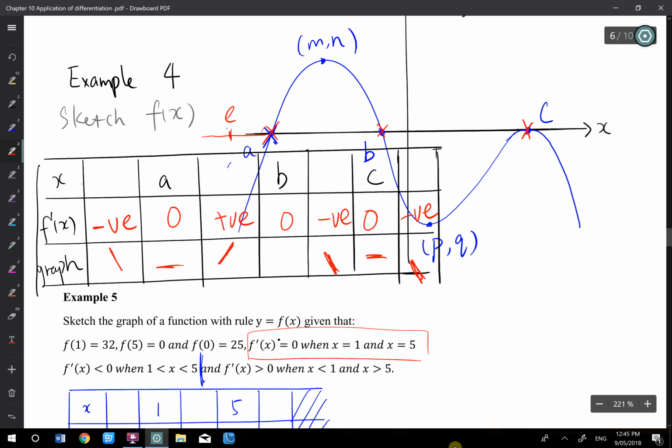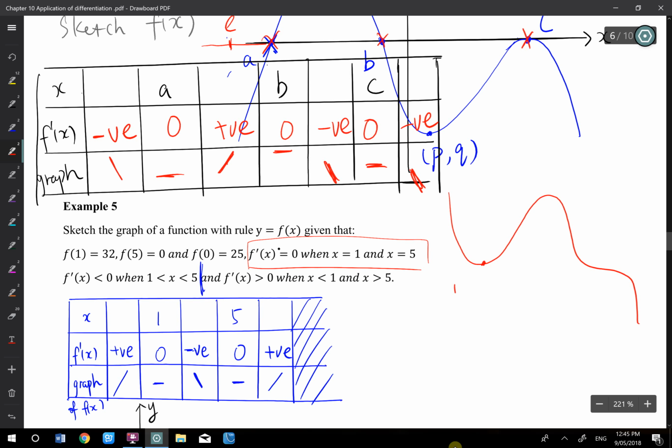If I move this up a little bit, you can see the shape of the graph. This point, A comma something, is the minimum. This point, B comma something, is the maximum. This point, C comma something, is the decreasing stationary point of inflection. That's how you use the f dash x graph to go backwards to find the original graph.